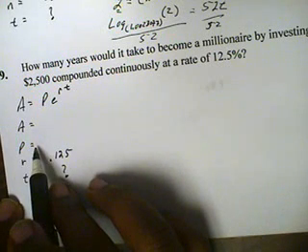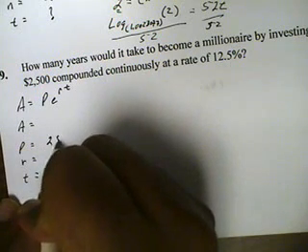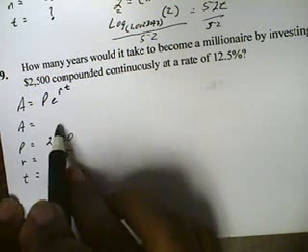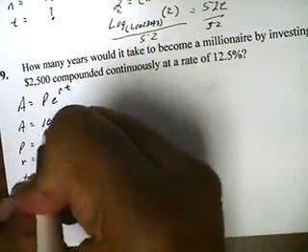The principal, the amount that was put in originally, will be the $2,500, and the amount that we want, since we want to become a millionaire, we want to put a minimum of $1 million.